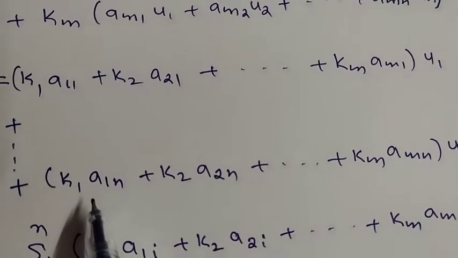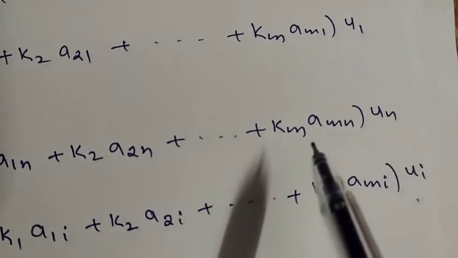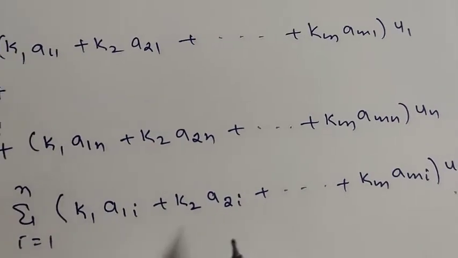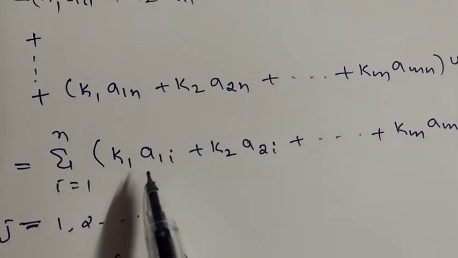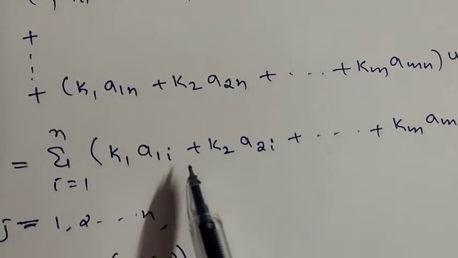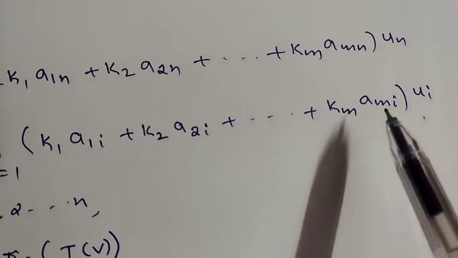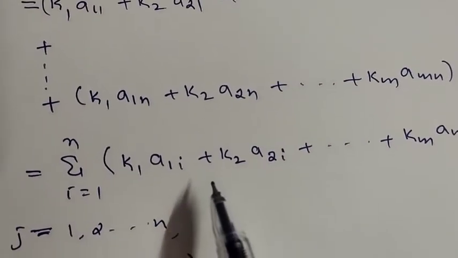The last is k1 into A1n plus k2 into A2n etc. plus km into Amn, times Un. In summation notation, this is equal to the sum over i from 1 to n of (k1 A1i plus k2 A2i etc. plus km Ami) times Ui, where i takes values from 1 to n.